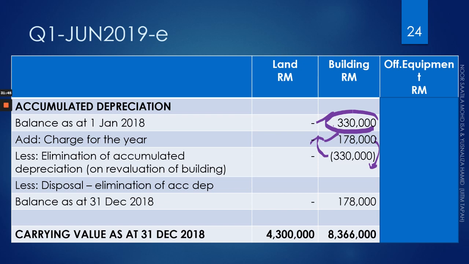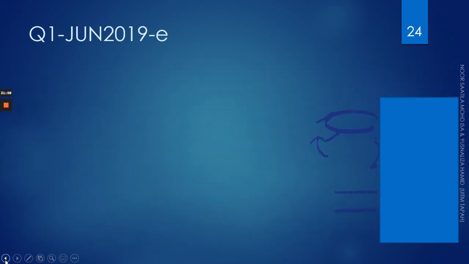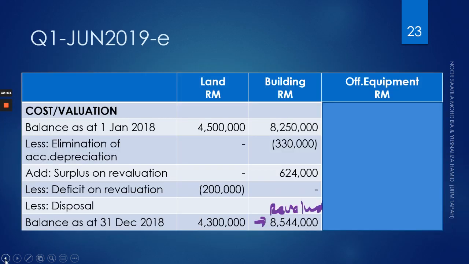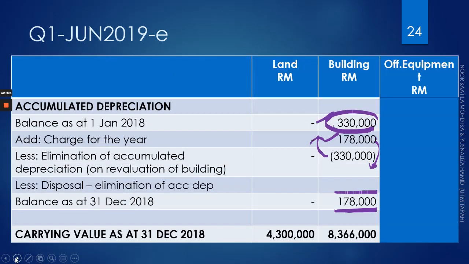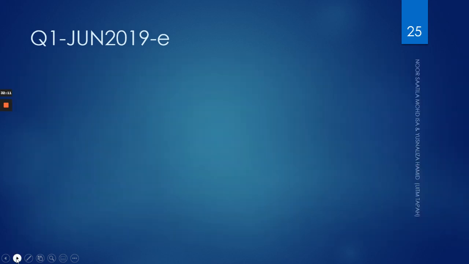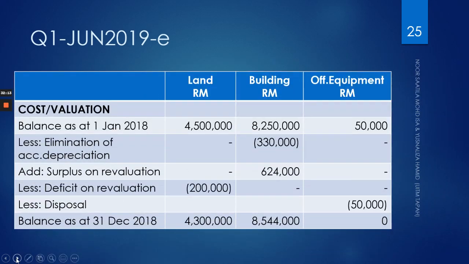And then at the end of the year, you just have the new depreciation, which is 178. How do you get 8,366? It is the revalued amount much earlier, 8,544 million, minus 178. So that gives you 8.366.